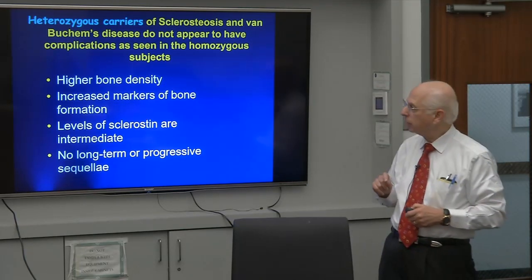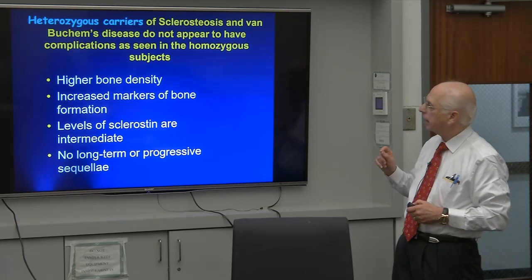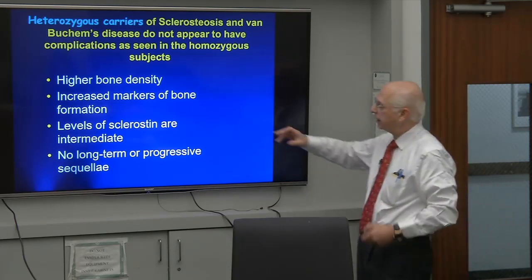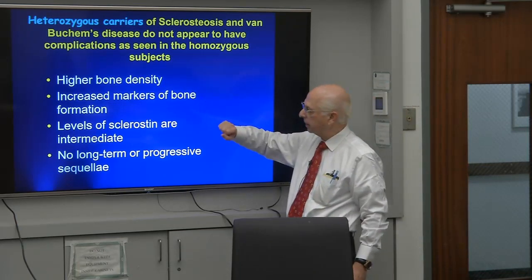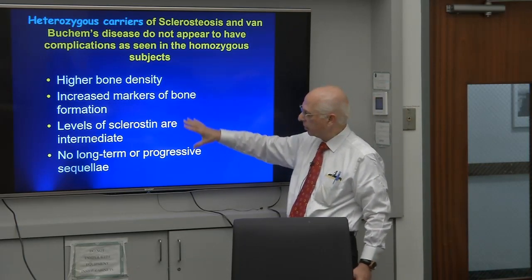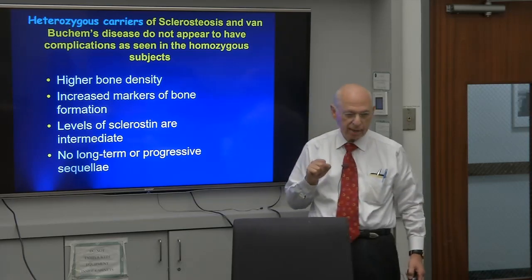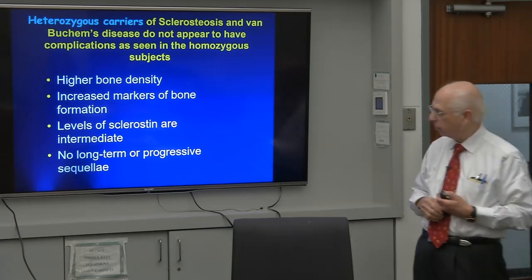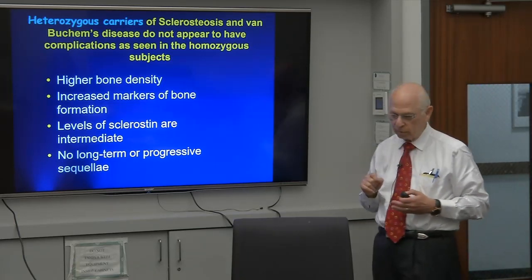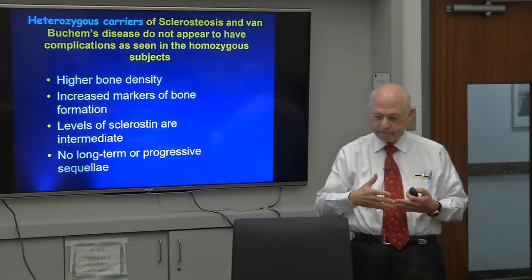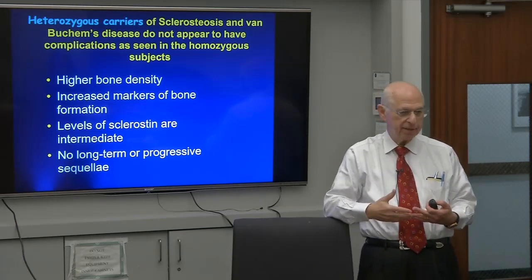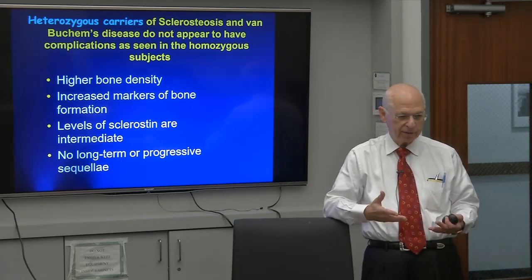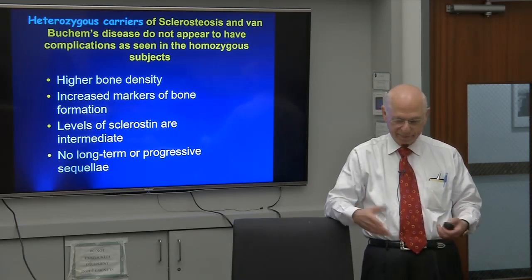But the heterozygous carriers don't seem to have any sequelae of the disease, but they too have higher bone density. They have higher markers of bone formation. They do have some sclerostin, but it's midway between none and what you would expect to be normal. So this was the clue that maybe an anti-sclerostin could be developed and would be an anabolic agent, like the disease.